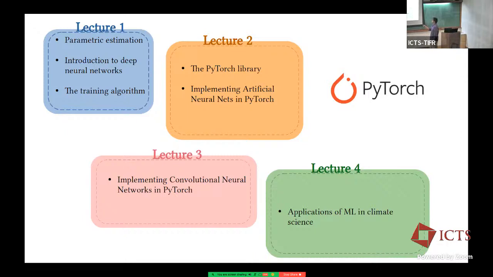And in the second lecture, we'll actually do some hands-on coding. We'll look at the Python PyTorch library, which is one of these libraries that you can use to create your own neural nets. And we'll implement our first artificial neural net using PyTorch. Now, the third lecture is a continuation of the second lecture, where we'll implement a different kind of neural net, which is called a convolutional neural net. And we'll implement that in PyTorch.